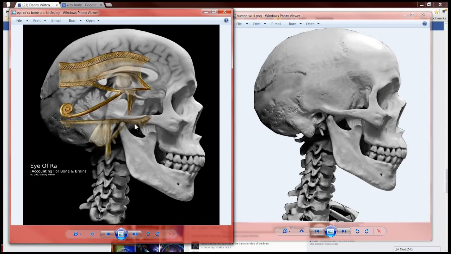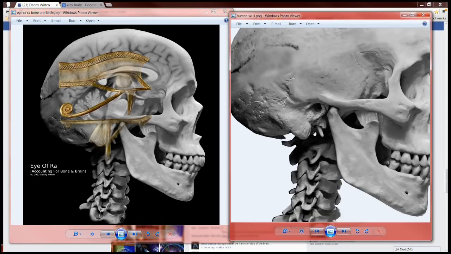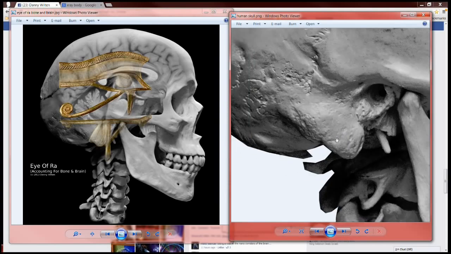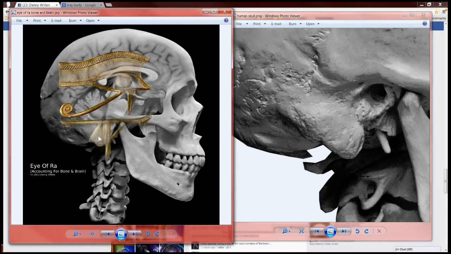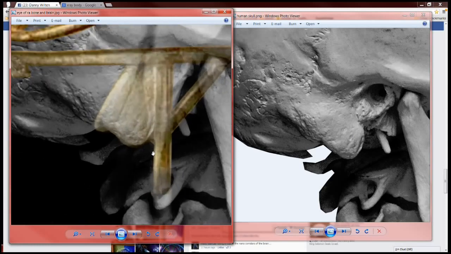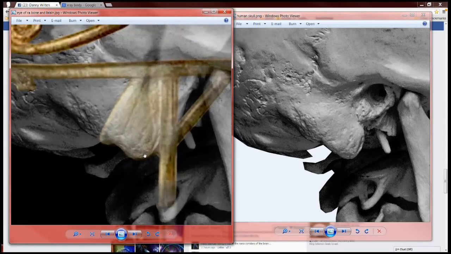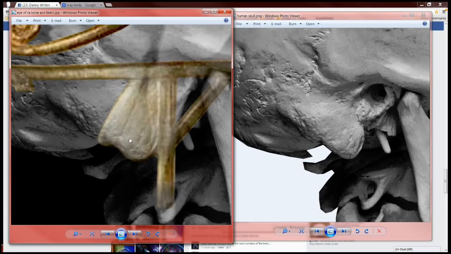So when we look at the Eye of Ra, first of all, you're going to notice this piece of the bone right here. That's what this thing is right here. This thing goes around that curve, just like you see right here.